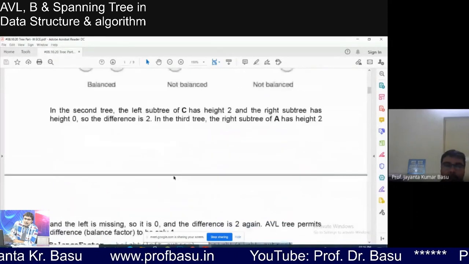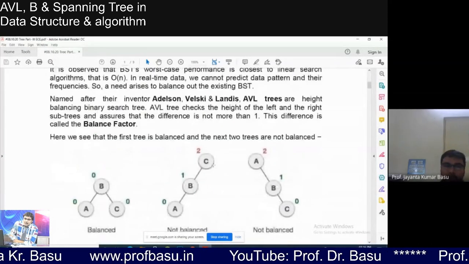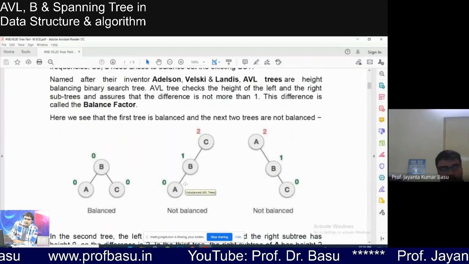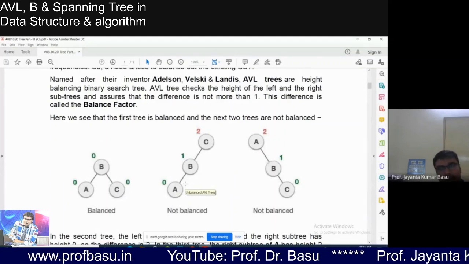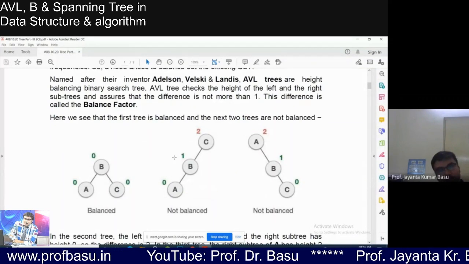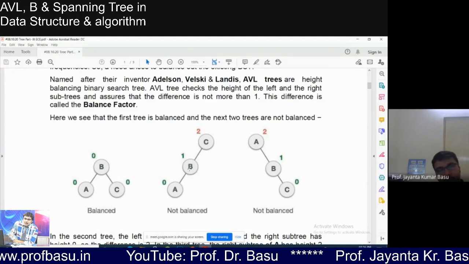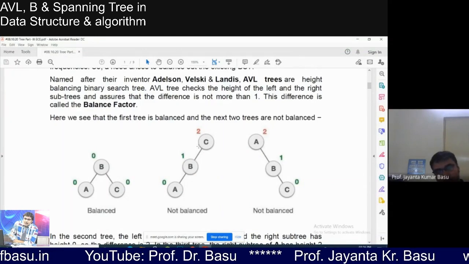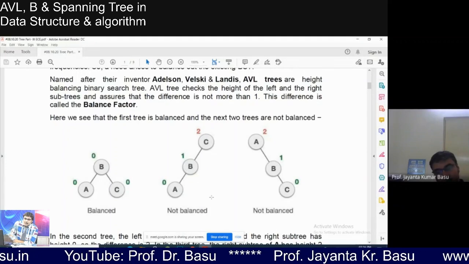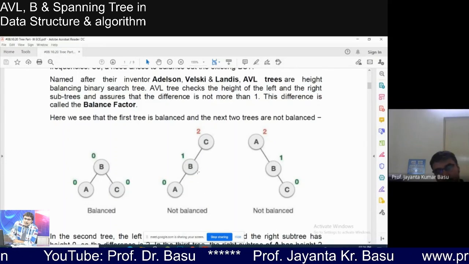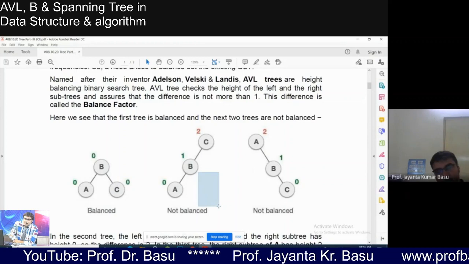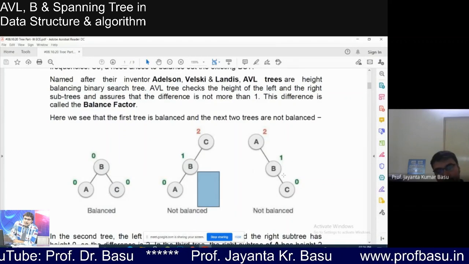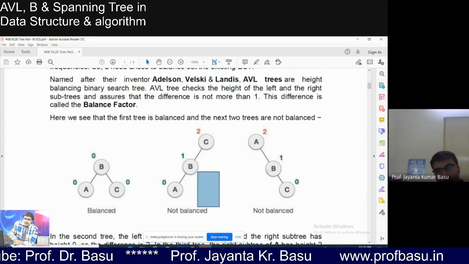So if we get a tree as not balanced, our responsibility is to make it balanced, right? For example, if we rotate this subtree in the right direction, then C will come here, and it will be a balanced tree this way.